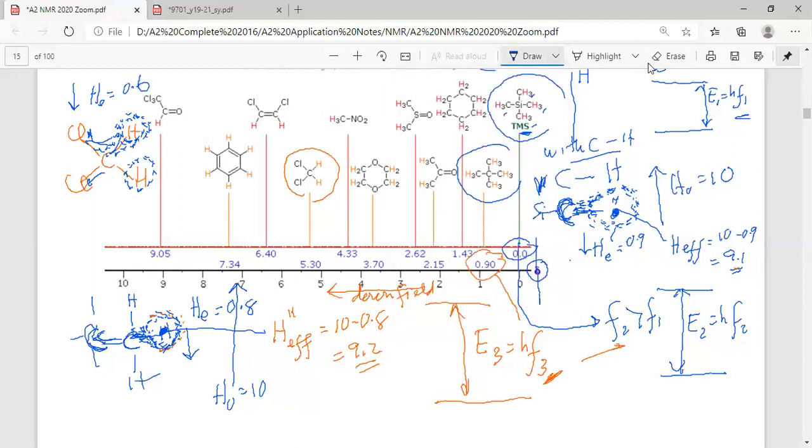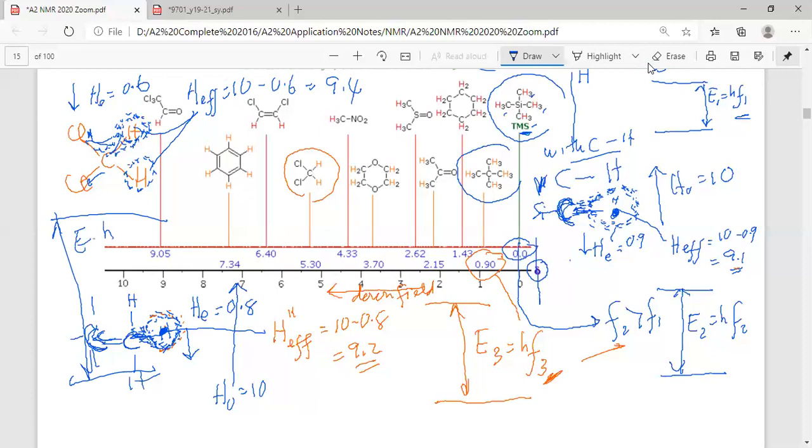So what is the effective field felt by these 2? H effective is equal to 10 minus 0.6, which is 9.4. Bigger still. So the difference between here and here will be bigger still. E is equal to h times frequency. That means this 4 here will be much bigger. Sorry, it's going down here, 5.3.